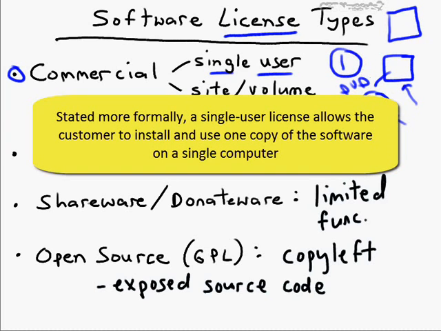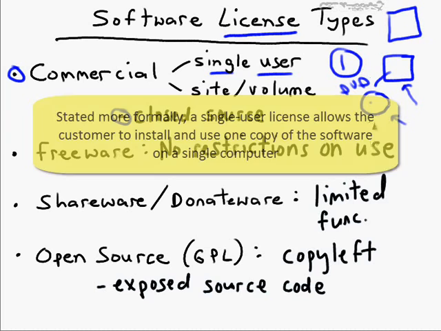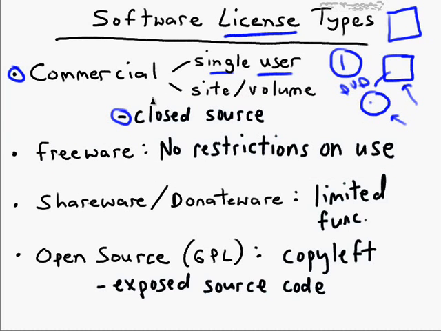That is, according to the letter of the law, what a single user license is. And the notion of digital rights management and software activation, those are methods that commercial software publishers use to make sure that users aren't abusing their license, for instance by installing multiple copies of that software on multiple computers.